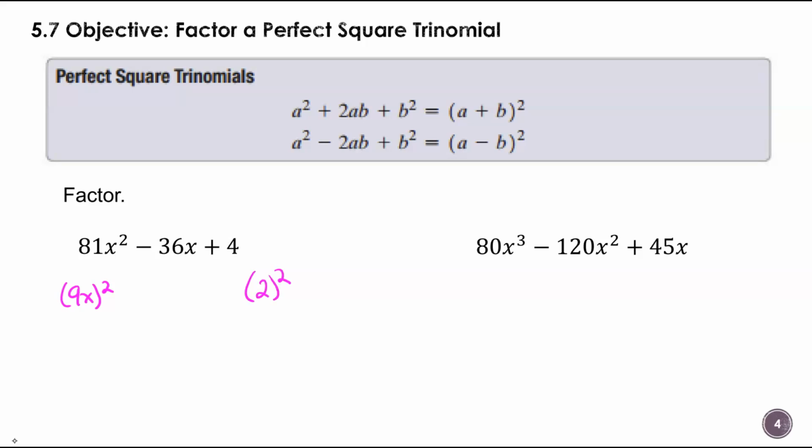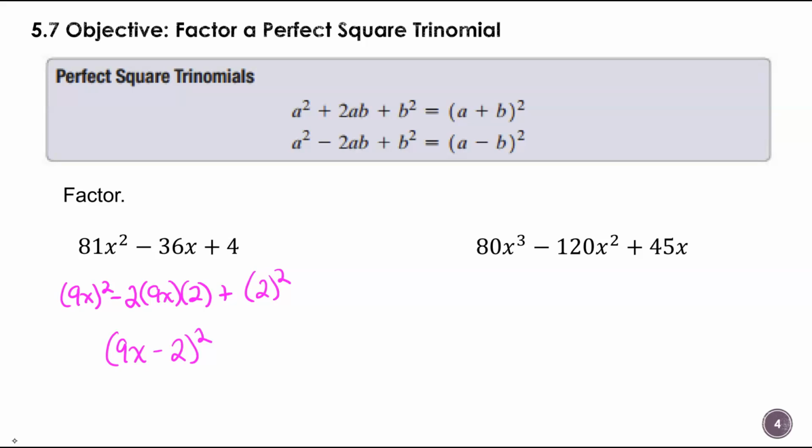And then let's check, right? So it's going to be negative 2 times A times B. And then we just have to see if that equals our middle term, right? So that's negative 18x times 2, which is negative 36x. So it does factor as 9x minus 2 quantity squared.